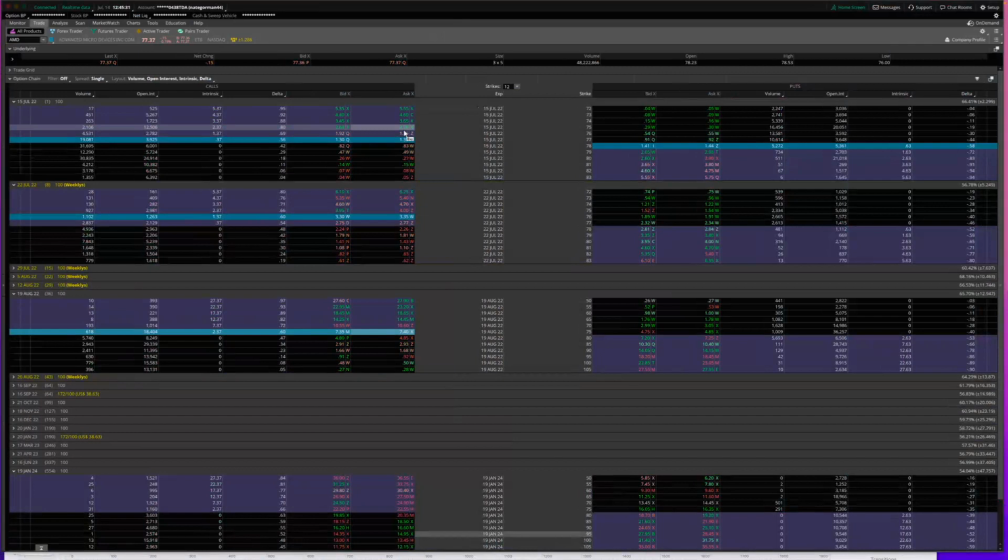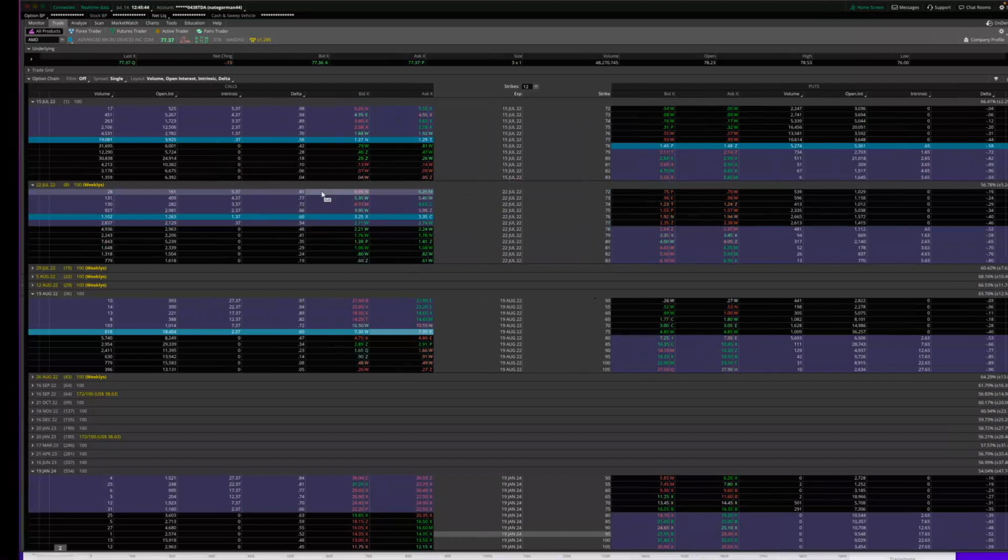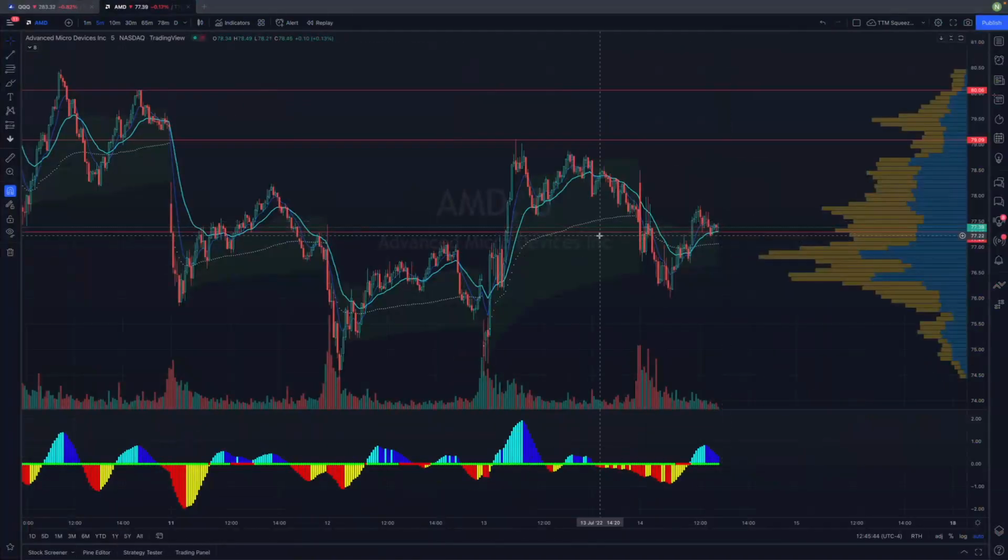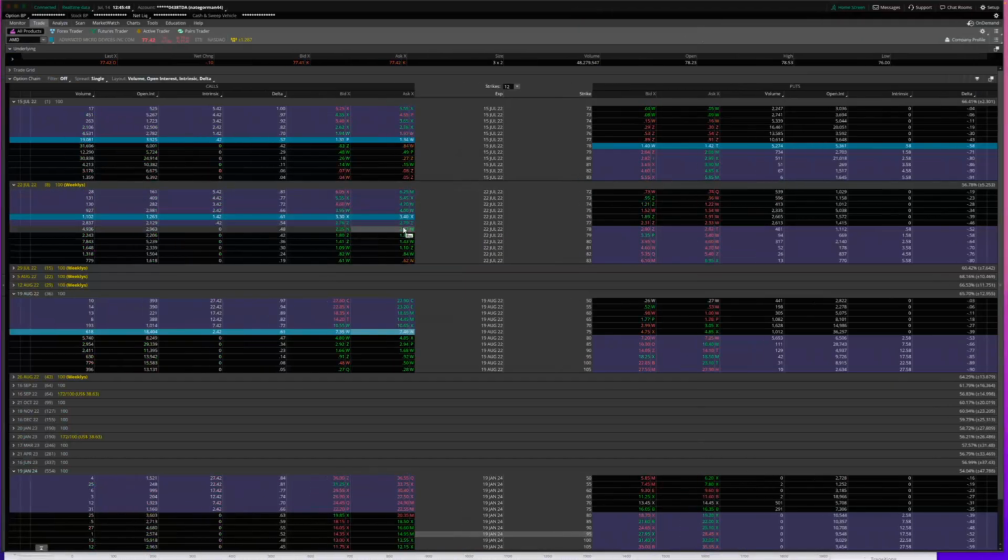A lot of times, the theory is always buy yourself extra time. You can always close the trade. So even if I thought this was going to move up today, if I wanted to stay a little safer, if it might take till tomorrow to move up, I could buy the $77 calls on July 22nd and buy myself time.